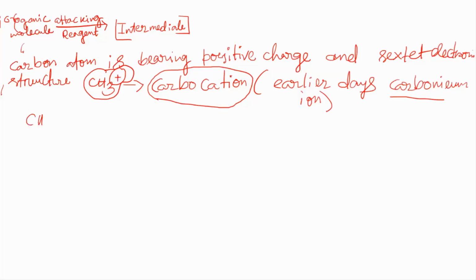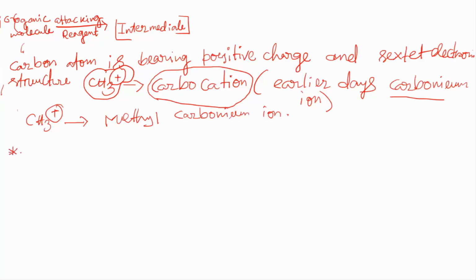Let's say we have CH3 plus. What is the name of this molecule? We can say this is a methyl carbonium ion.